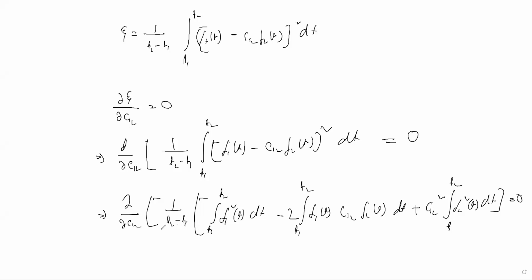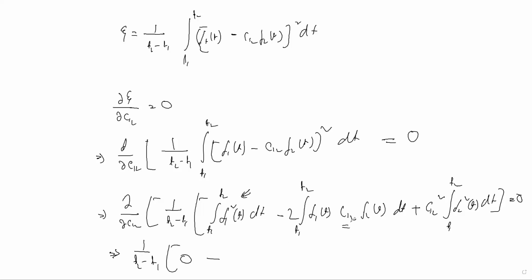When you take this integration inside, if there is no C12 term, that term will be treated as a constant and will give 0 on differentiation. So if you take the differentiation inside the bracket, then we have 1 by T2 minus T1. The first term becomes 0 because there is no C12 term, but here the C12 term is there.